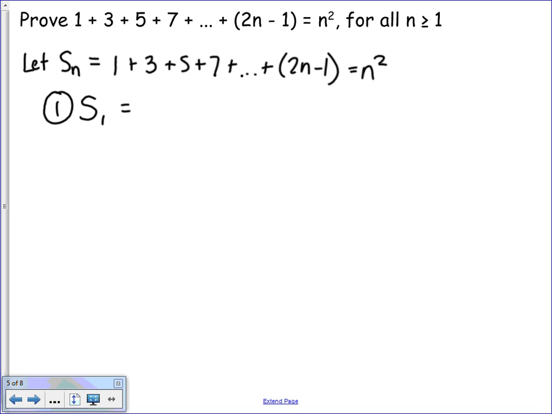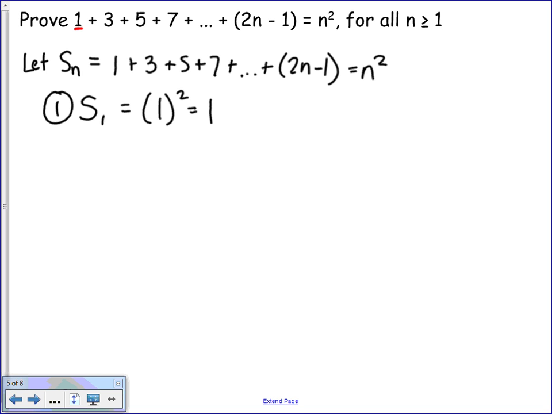The formula is n squared. I'm going to put 1 in for n. So the formula tells me 1 squared is equal to 1. And if I look back in my series, if I add only the first term in the sequence, the sum is 1.